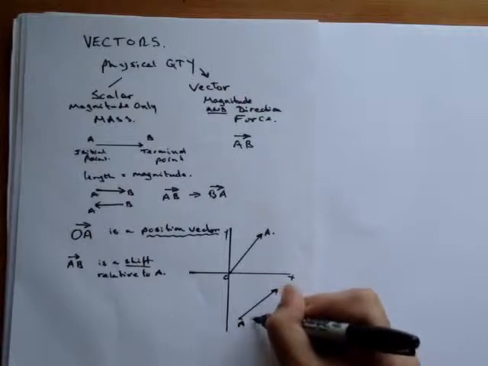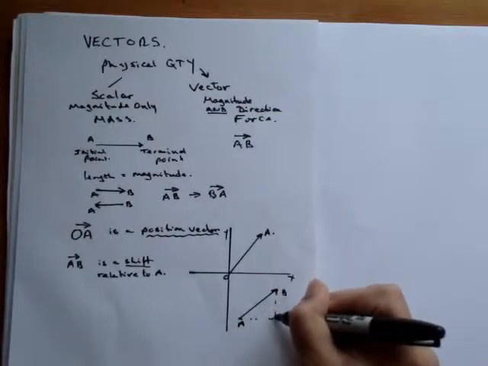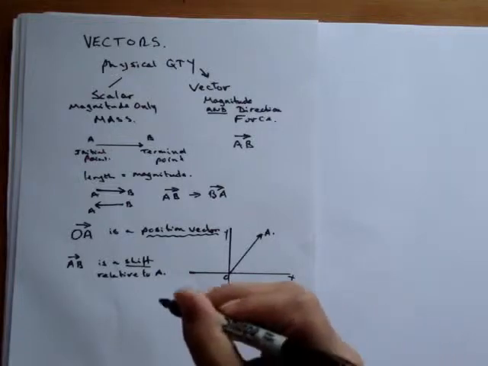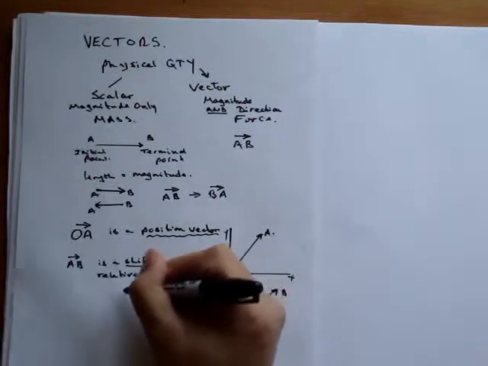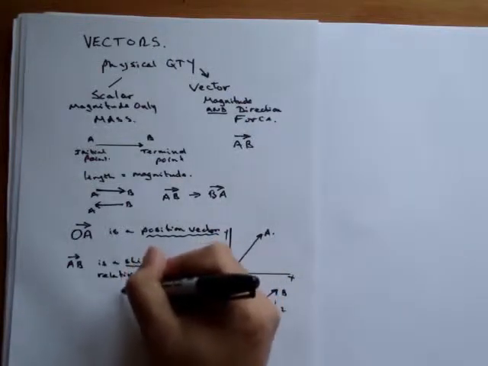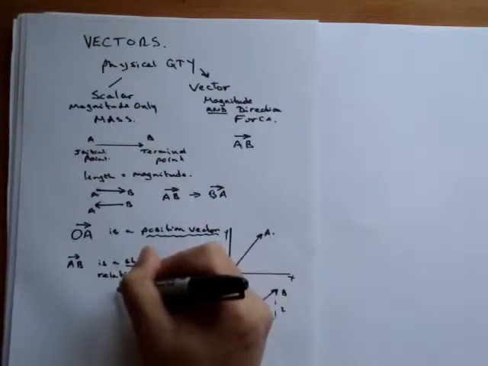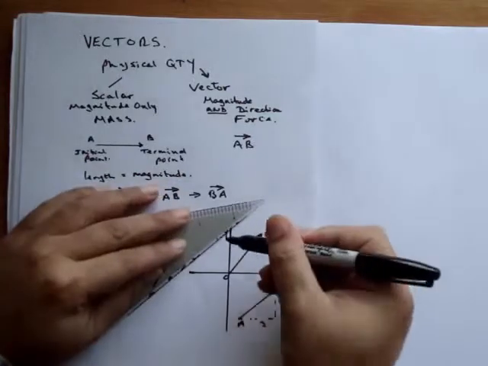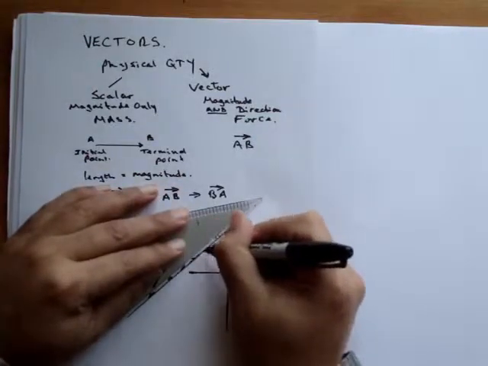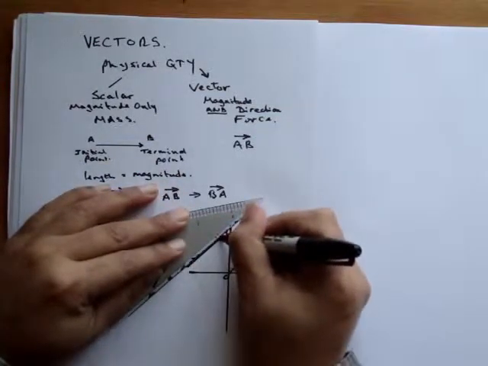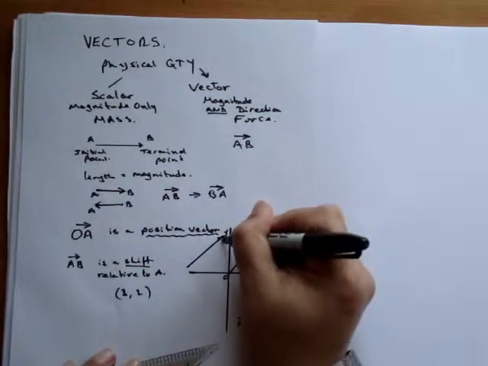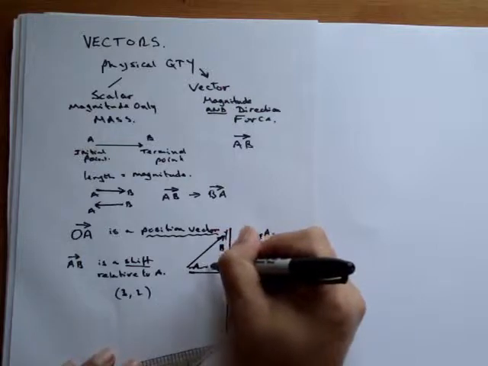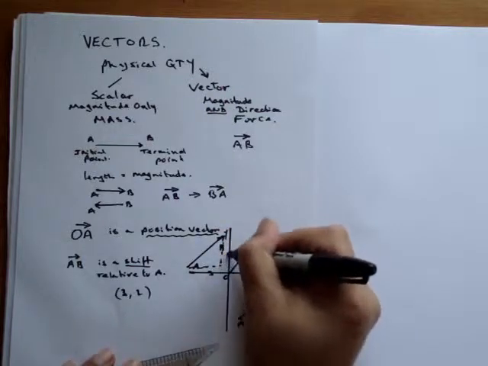So if we had a displacement along the x-axis and on the y-axis, this is 3, this is 2. So this is a displacement vector of (3, 2). And this would be equal to another vector over here, which goes in the same direction, A, B, and again with a displacement of (3, 2).